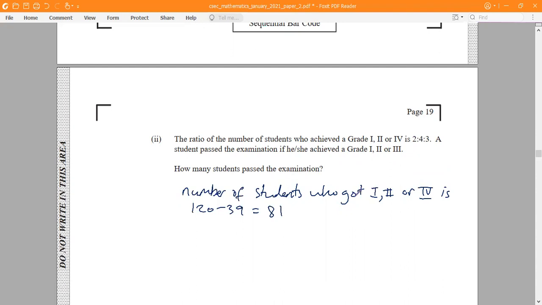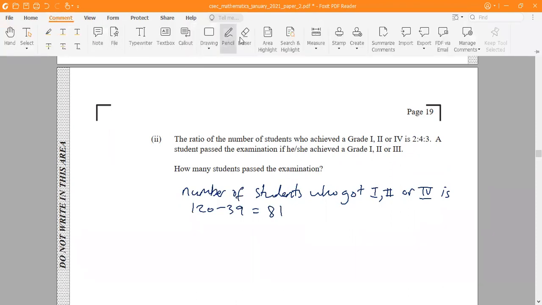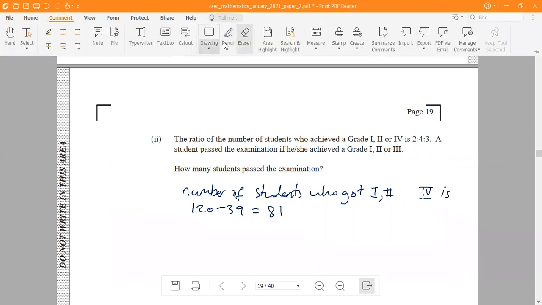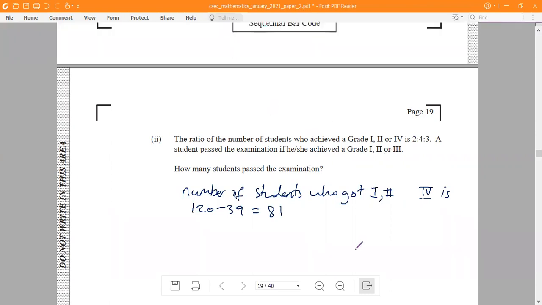Let me change the "or" here to "and": 1, 2, and 4. So the total number of students who got 1, 2, and 4 is 120 minus 39, right?